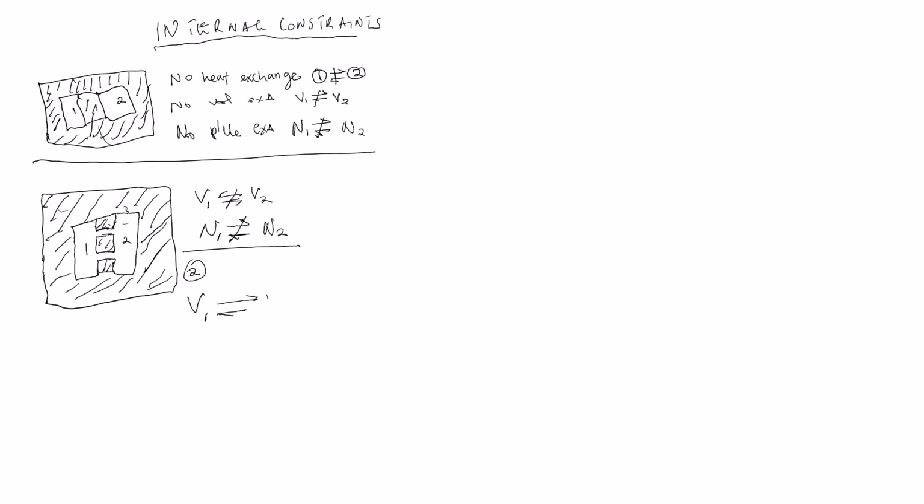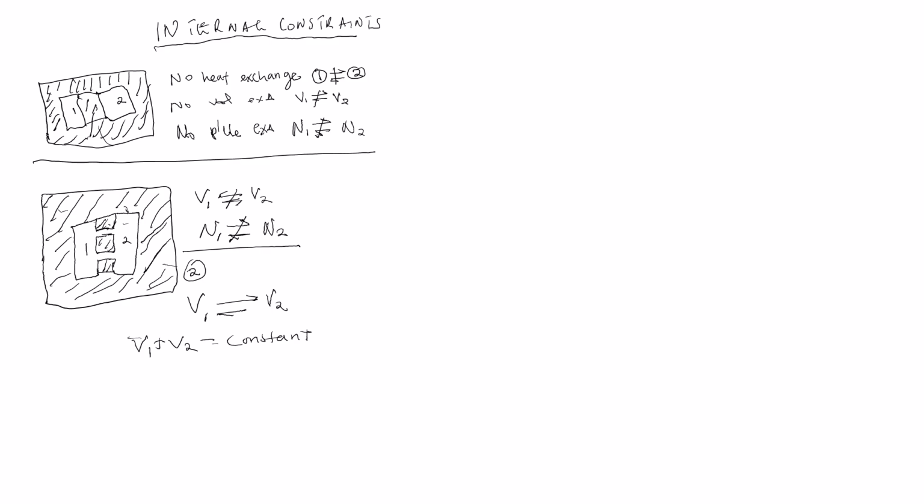For example, if there is much pressure in subsystem 2, then the volume of subsystem 1 adjusts. So although V1 plus V2 is still constant because we are still looking at a closed system, we said for a closed system V1 plus V2 should remain constant.